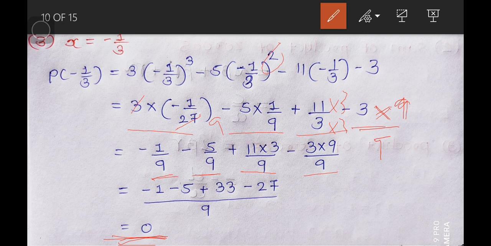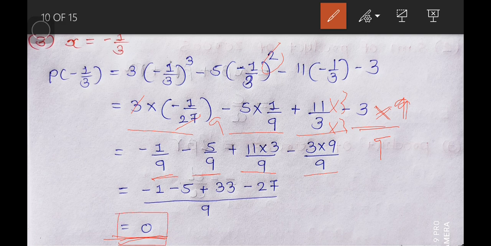So here at last we know that if the denominators of all terms are equal, we can put only one denominator for the terms. So here minus 1 minus 5 plus 33 minus 27 divided by 9, and at last we evaluate, then we get 0.